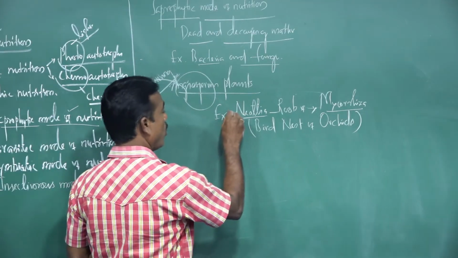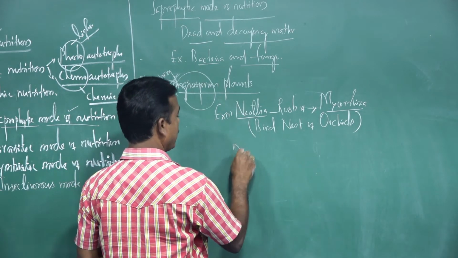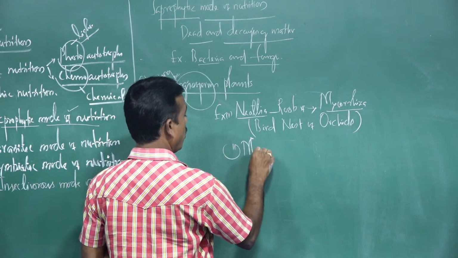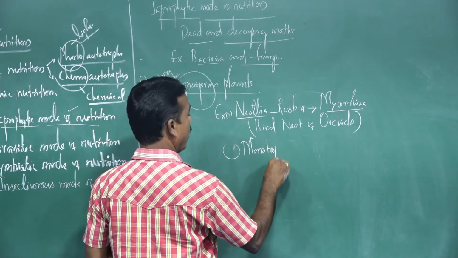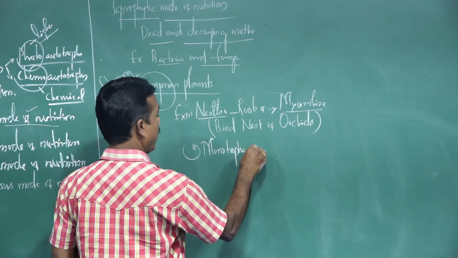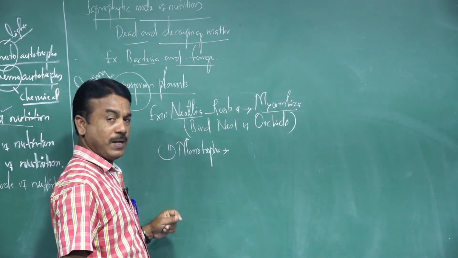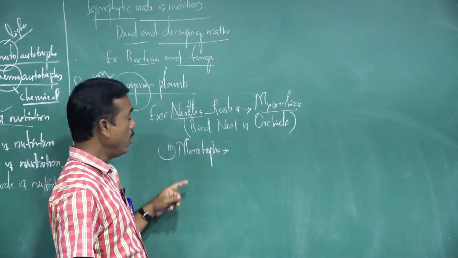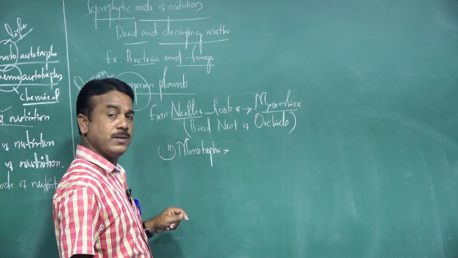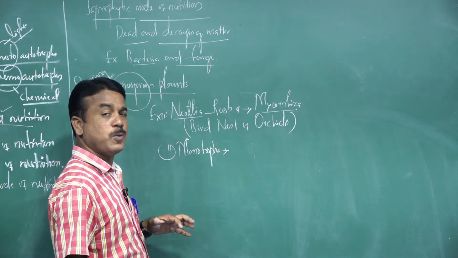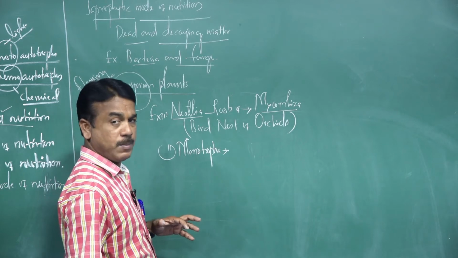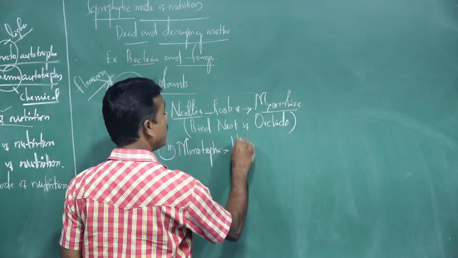In addition, one more example is Monotropa. Monotropa is also an angiosperm plant, but it grows in places rich in humus in the soil.